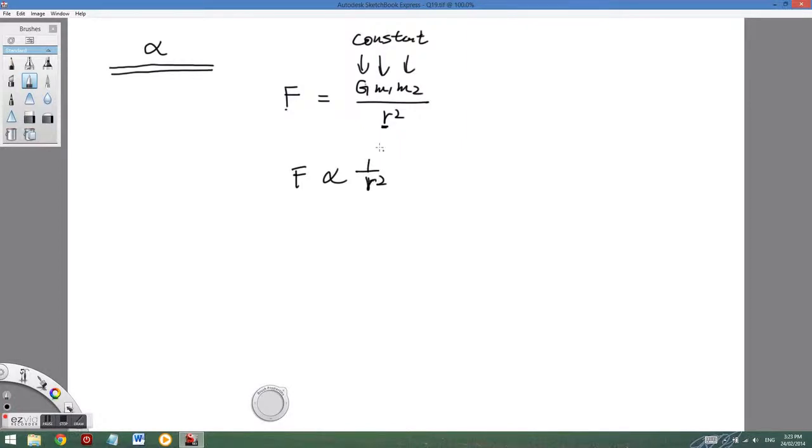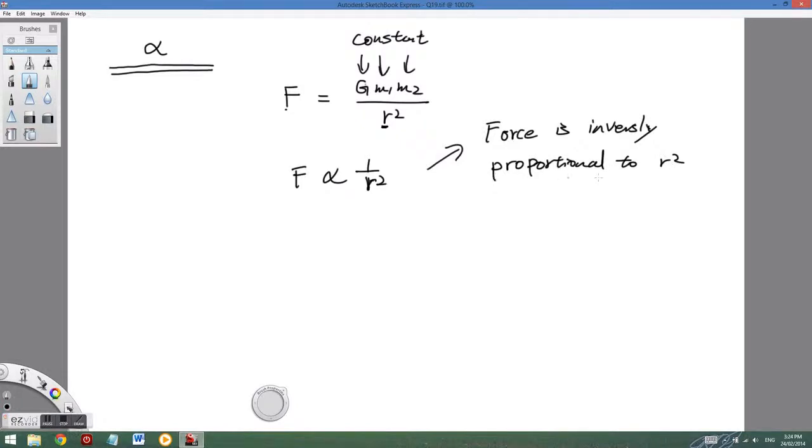What it tells me is that force is inversely proportional to r squared.